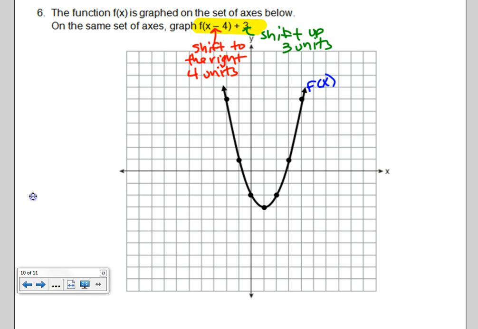Okay, so what would this look like? So if I take my starting point right there, I have to count over 4 units to the right and go 3 units up. That point will land there. Now all I have to do is do this to every single other point. So this point right here is going to go over. This point right here, go over 4.